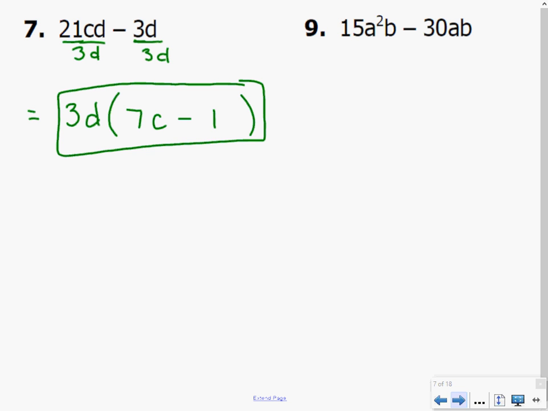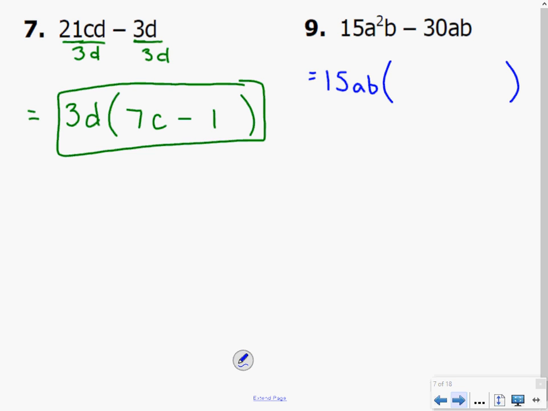And what about if there are 2 variables that they have in common? Well, we still do the numbers first, 15 and 30. Those are both divisible by 15. I have an a squared and an a, so remember we can factor out the smaller power of the 2, and they both have b. So the GCF altogether is 15ab.